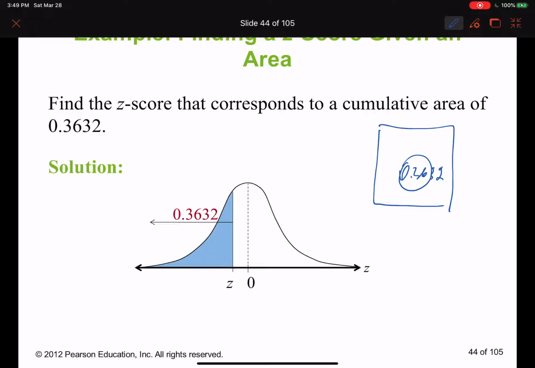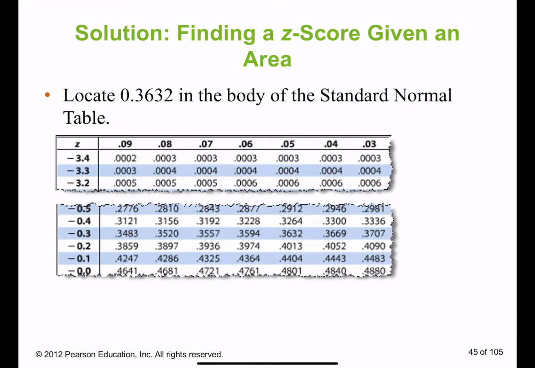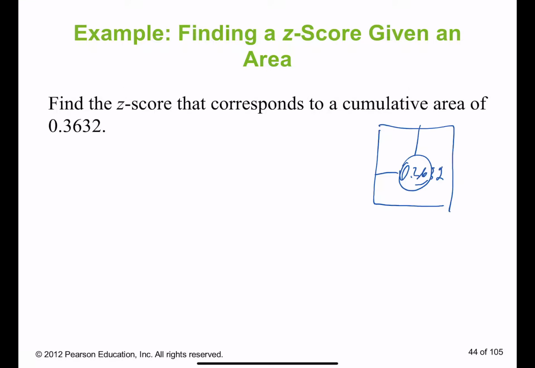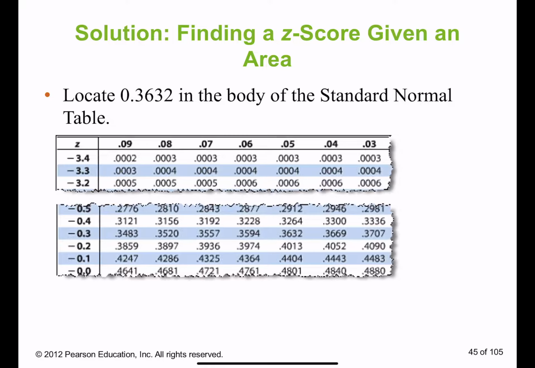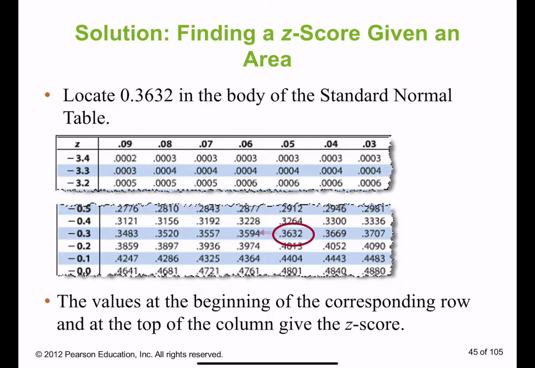This is 36%, less than 50%, therefore it's going to be a negative z-score. And that matches negative 0.35. One more time: this is your 0.3632 and it matches negative 0.35.